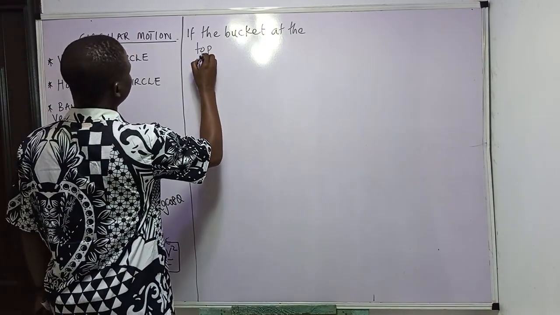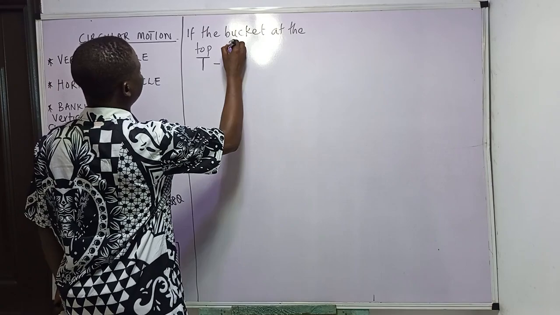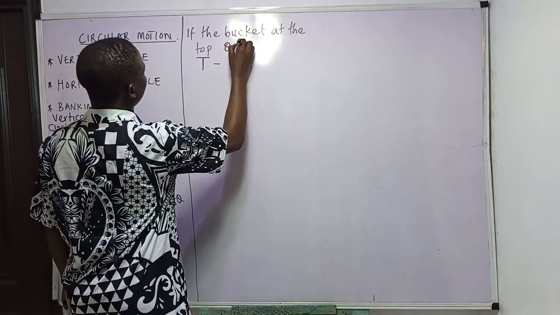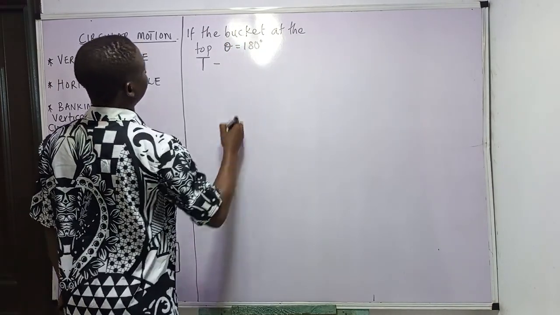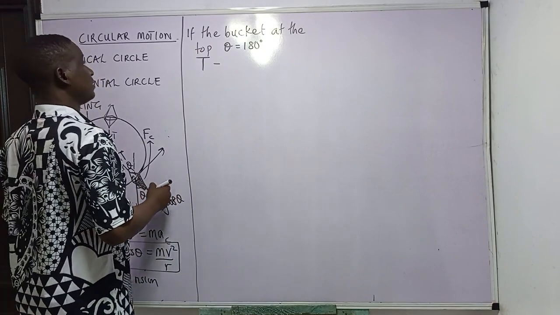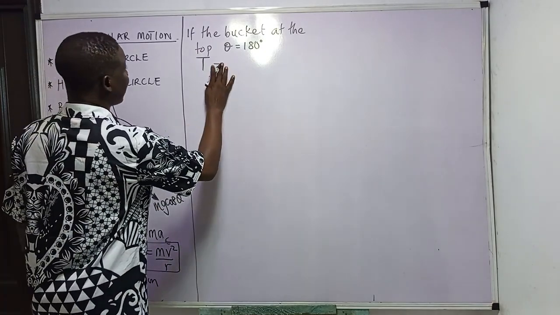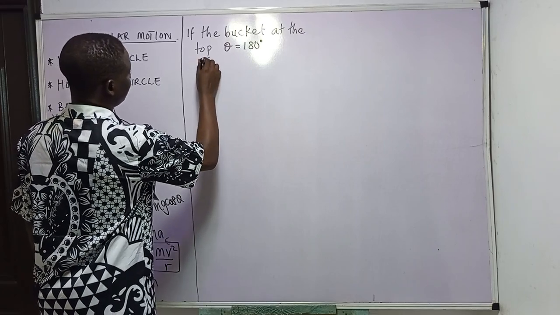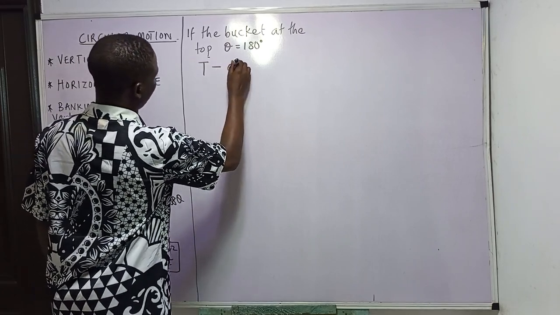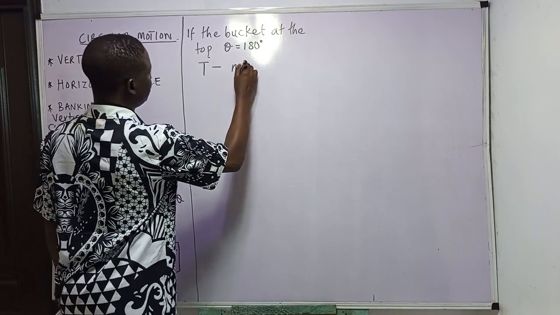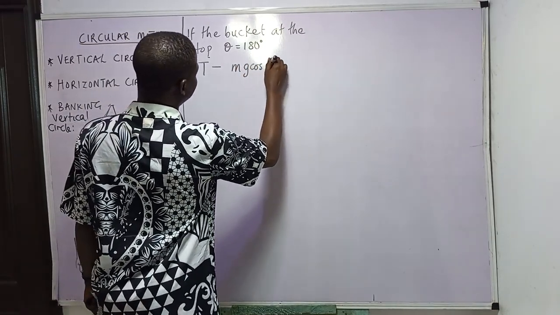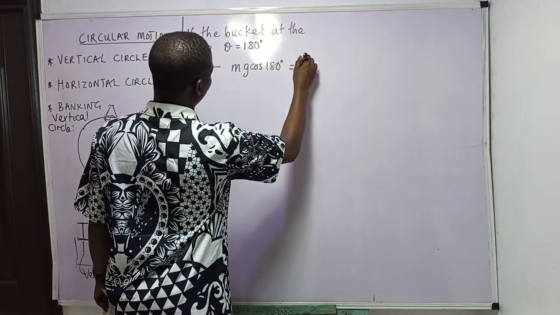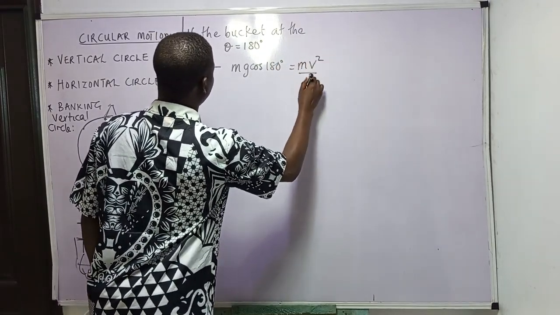Now, don't forget that at the top, theta is equal to 180 degrees. If the bucket is at the top, theta equals 180. So T minus mg cos 180 degrees equals mv squared over r.